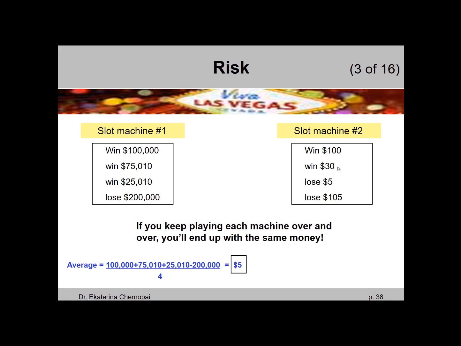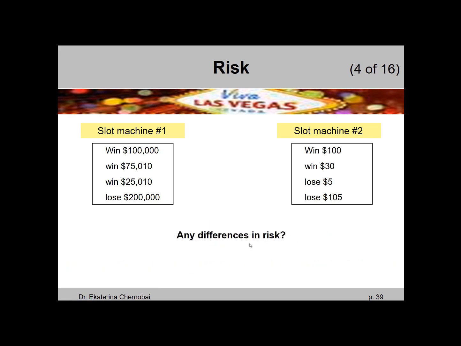If you do the same math for slot machine number 2, so you add up 100, 30, -5, -105, and divide that sum by 4, you get also $5. So it looks like it doesn't matter which machine you play if your own comparison is how much you make on average per game. But what about the risk?